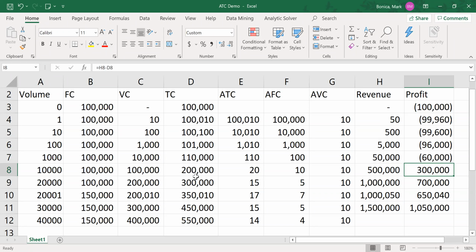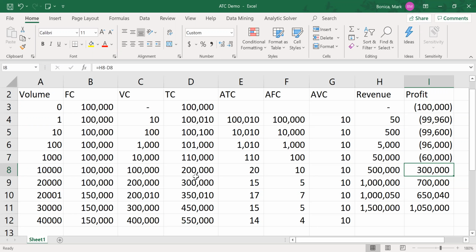What drives revenue? The reason that they're both going up is variable costs are going up and revenue is going up. Both of them are driven by volume, right?